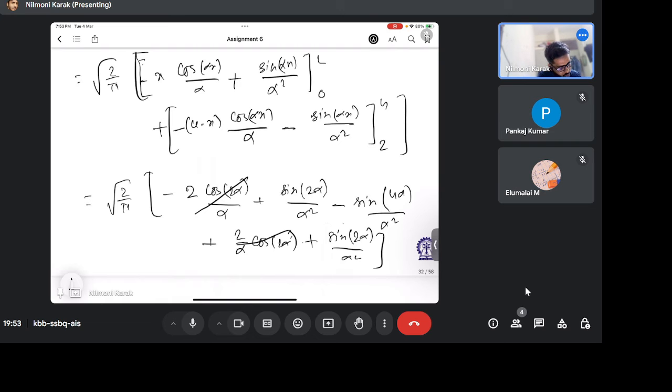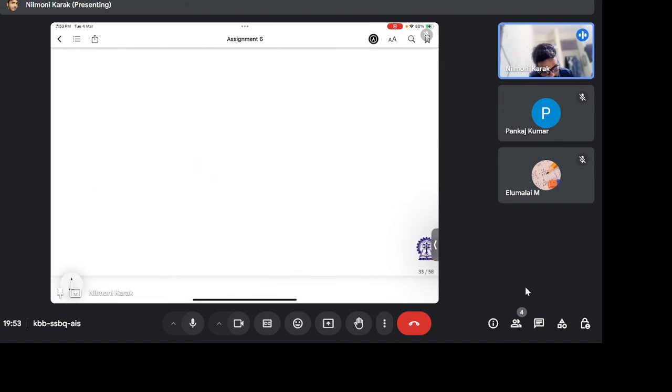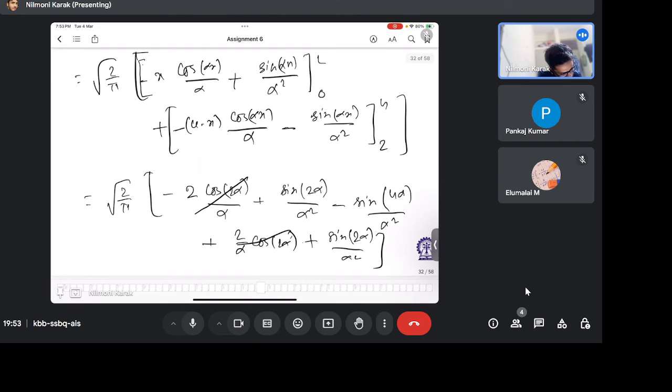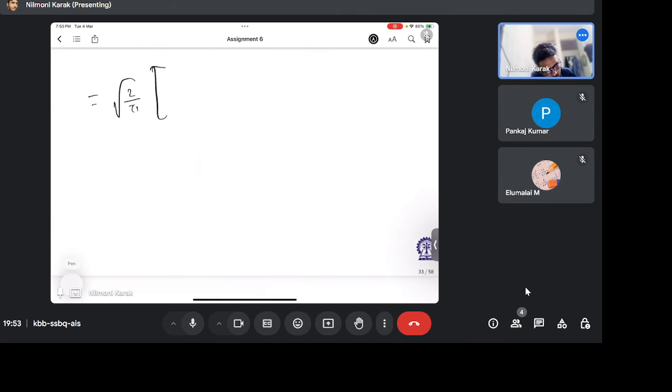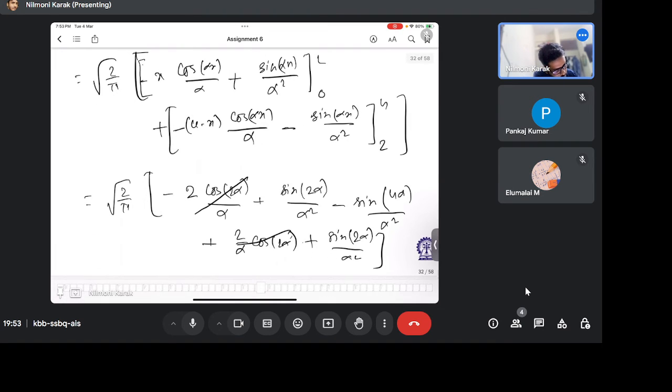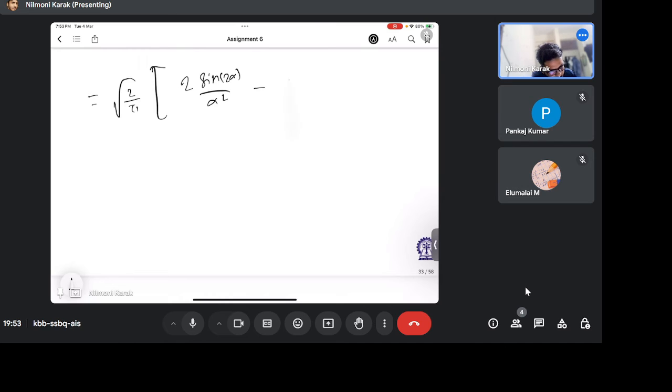Okay, so finally, root 2 by root pi, let me check. 2 times sine 2 alpha by alpha square, and minus sine 4 alpha by alpha square.